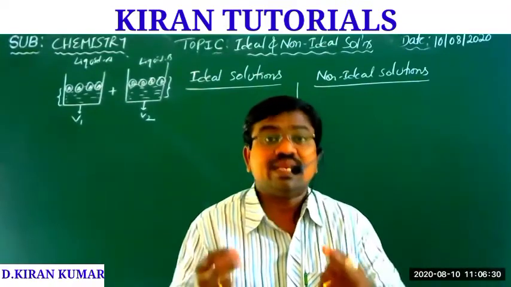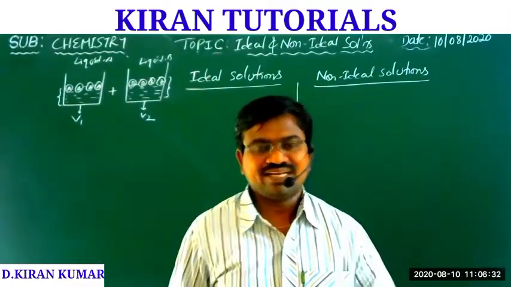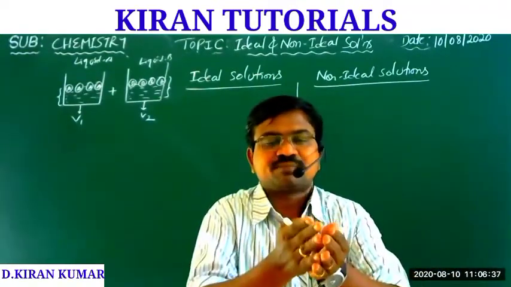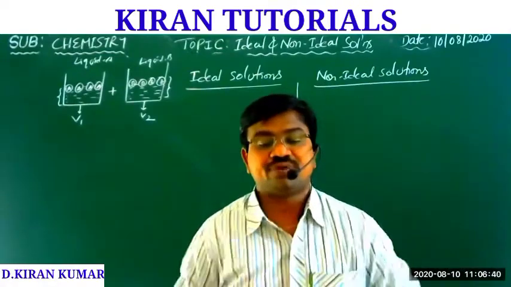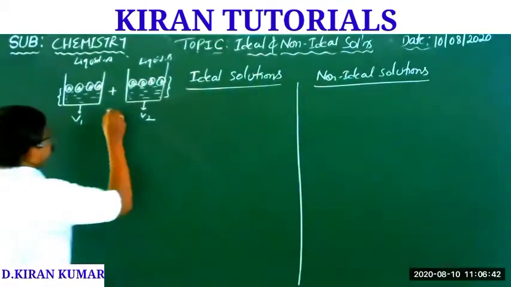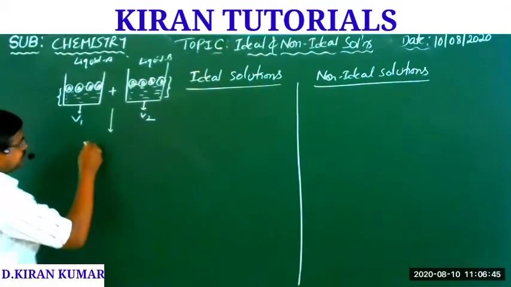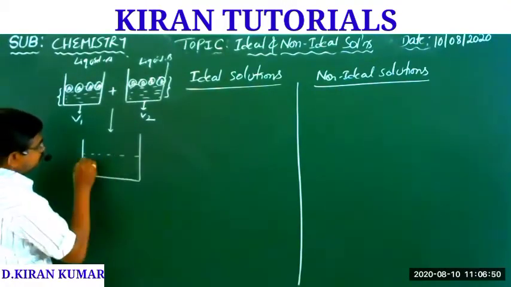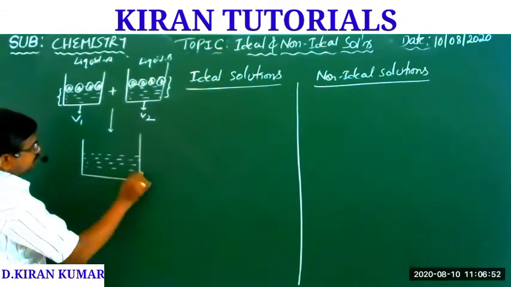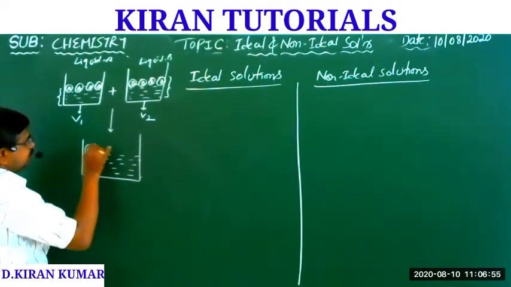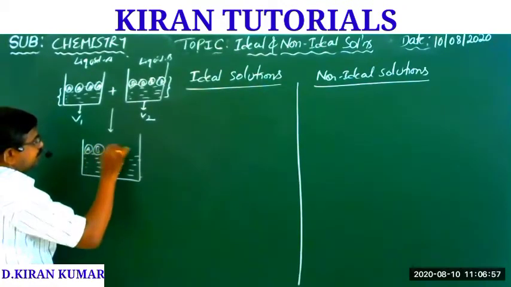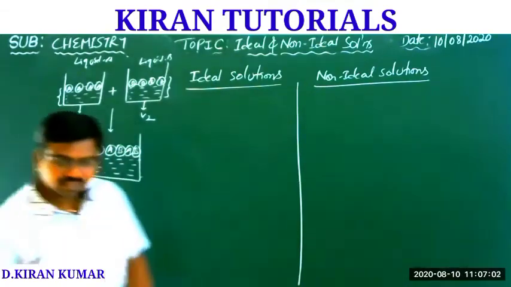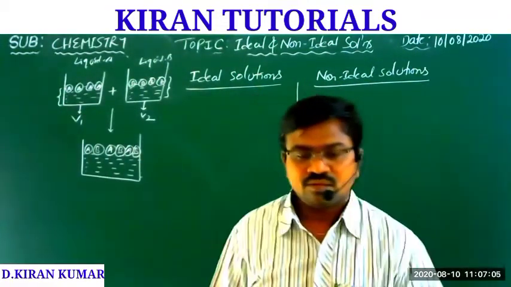If you mix these two liquids, one A liquid and another B liquid, a solution is formed, which consists of A, B, A, B, A, B. Clear? The solution is formed.